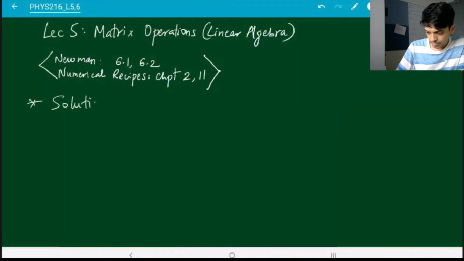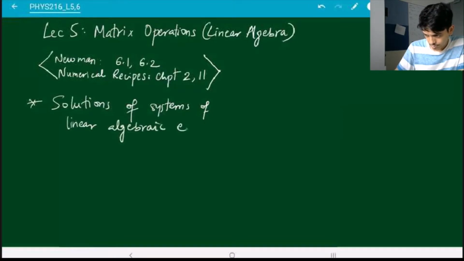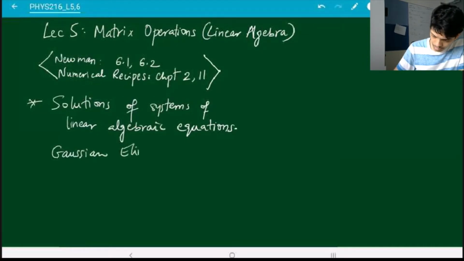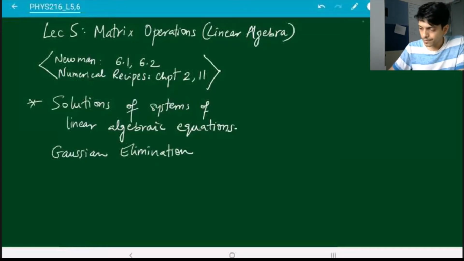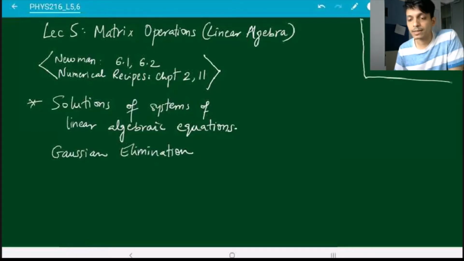So the first topic we are going to look at is solutions of systems of linear algebraic equations, and we are going to do this by a method called Gaussian elimination. So let's take one example. I have one example written over here.